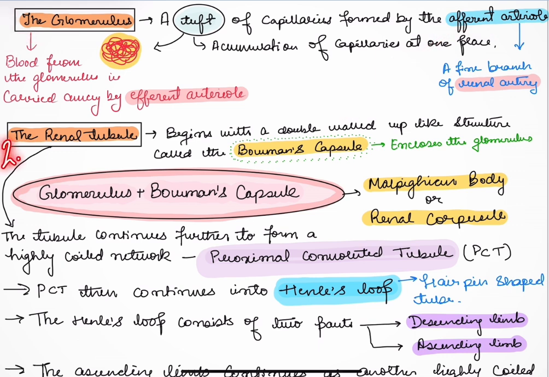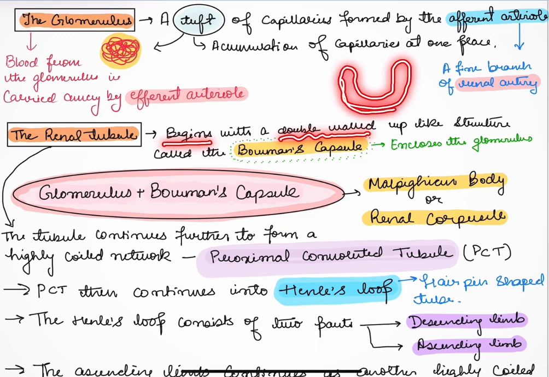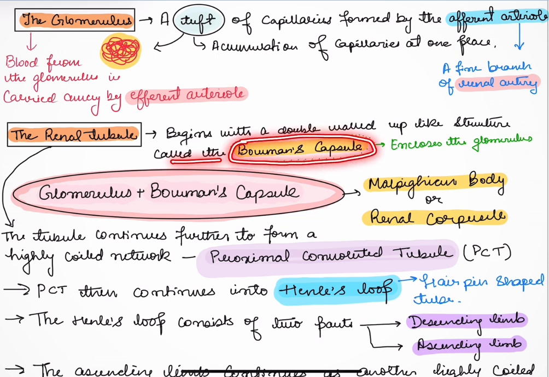Now coming to the second part of the nephron, that is the renal tubule. So the renal tubule begins with a double-walled cup-like structure called the Bowman's capsule. So Bowman's capsule looks something like this. This is a double-walled structure.